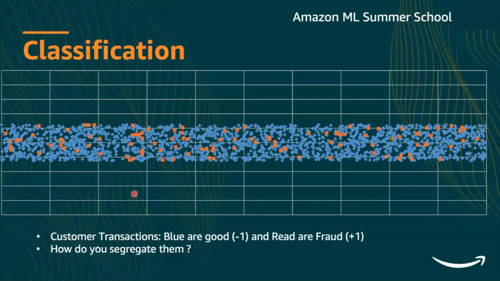Now, let's look at a problem of predicting if a customer transaction is fraudulent or not. On the figure, what you see is the order stream. The blue points are the good orders, and the red ones are fraudulent orders.